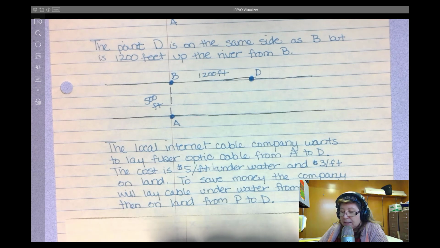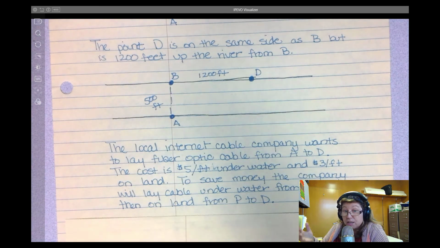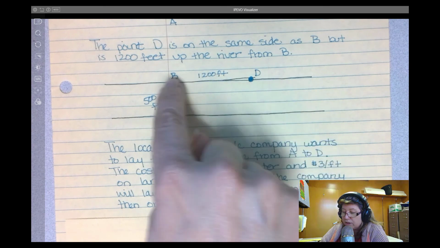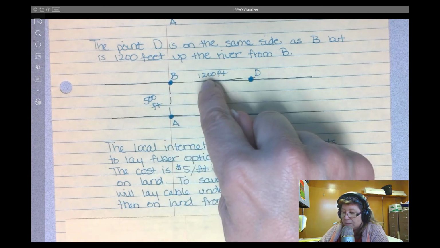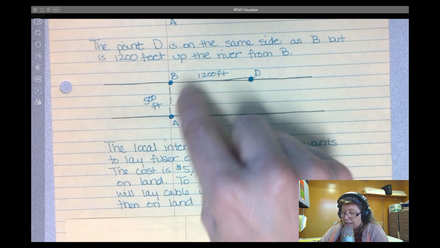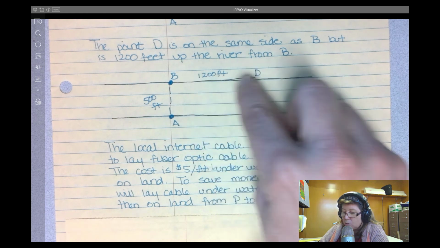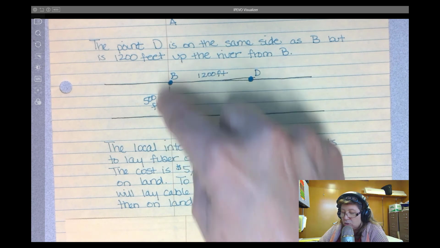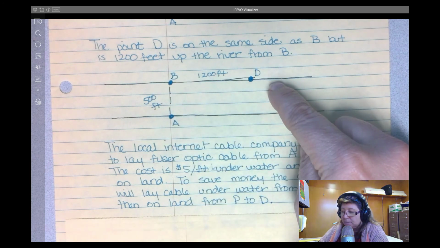And because we're going to have to suck up some of the costs going underwater at the shortest at 500 feet and then 1,200 feet. So I'm looking for some point in between B and D to go underwater and then go above water. And it will hopefully save us some money versus going straight across then all the way down.